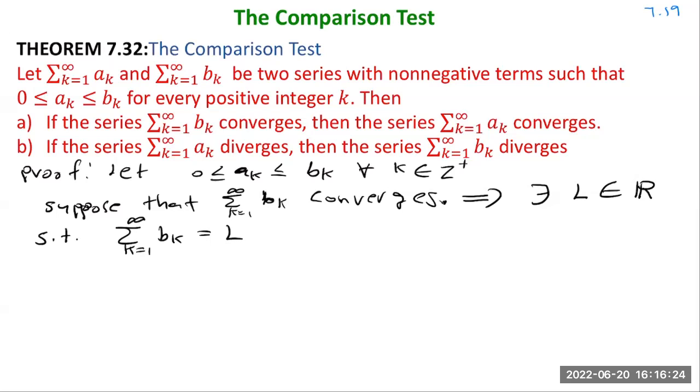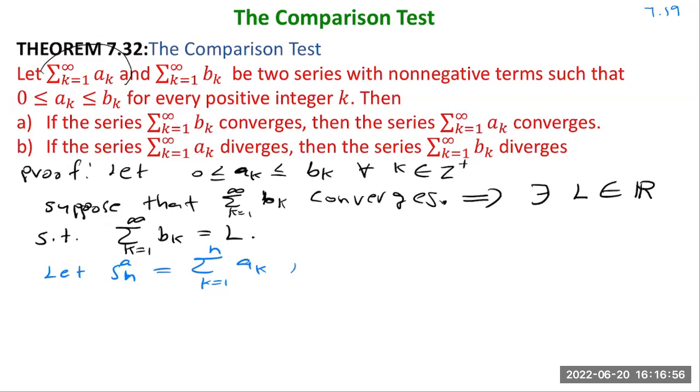Now I'm going to consider the sequence of partial sums for each series. Let me denote the sequence of partial sums for the first series as S_n^A, where the superscript A means sequence of partial sums of the first series: the sum from k = 1 to n of a_k.